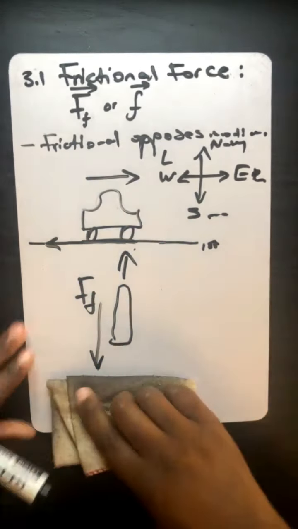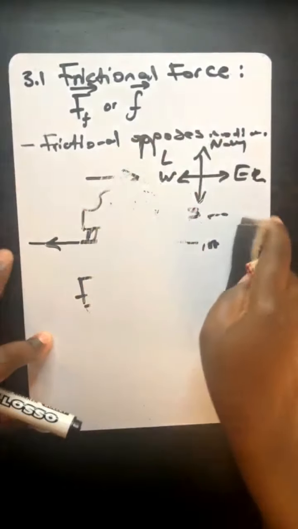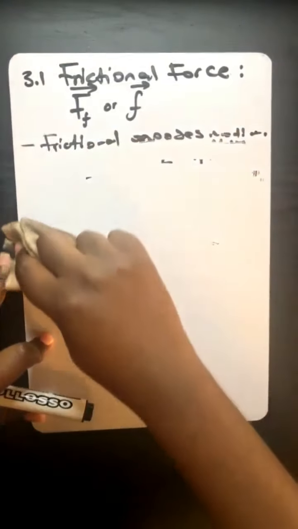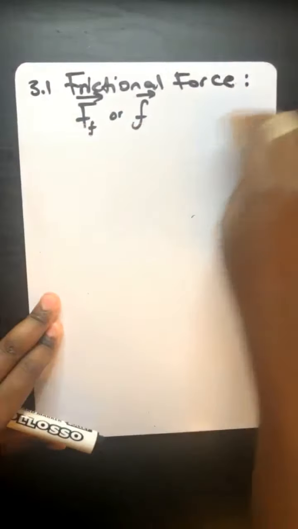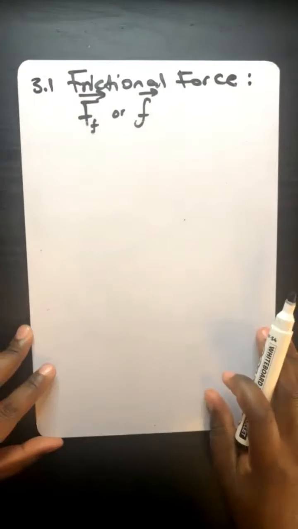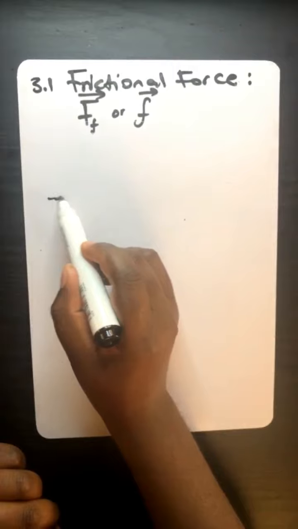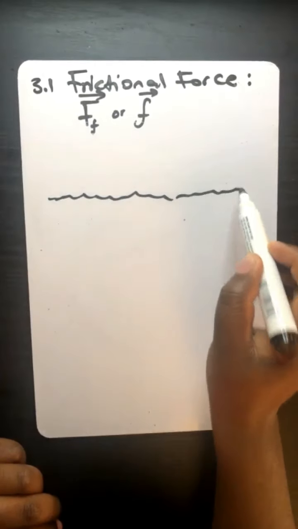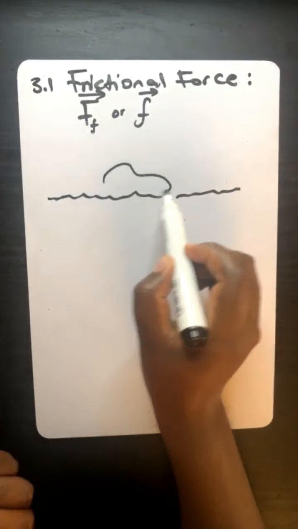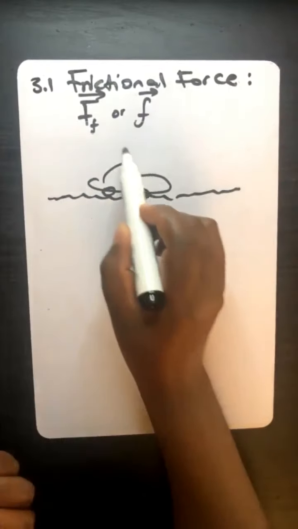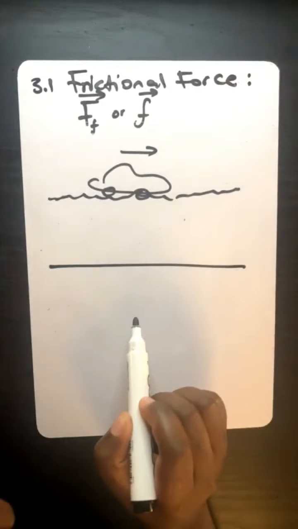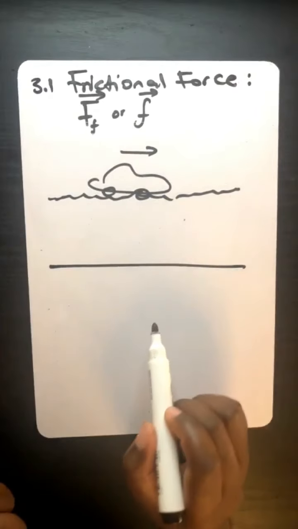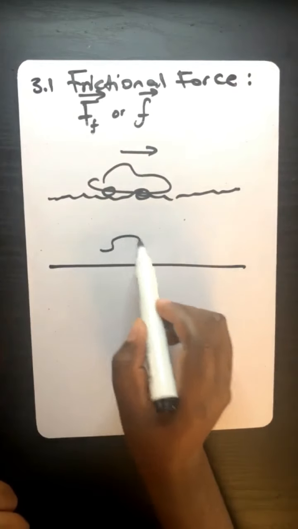So remember, guys, we are doing physical sciences. This is a science which is physical. So obviously, let's say we've got a car traveling on the gravel in that direction, and you've got a car traveling on a smooth surface, which could be a tar road.